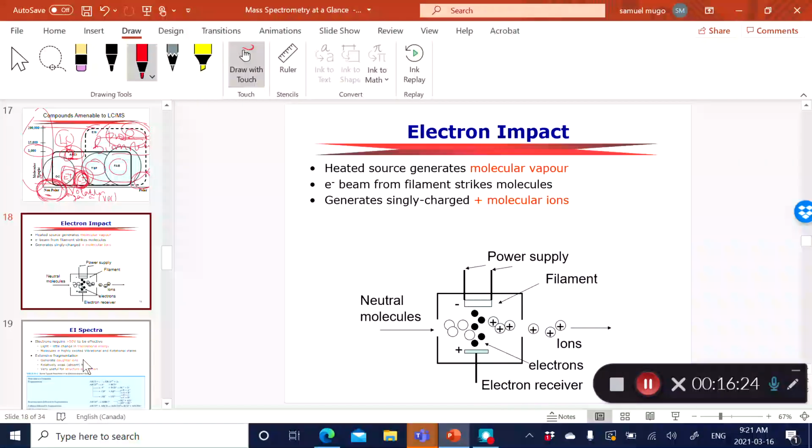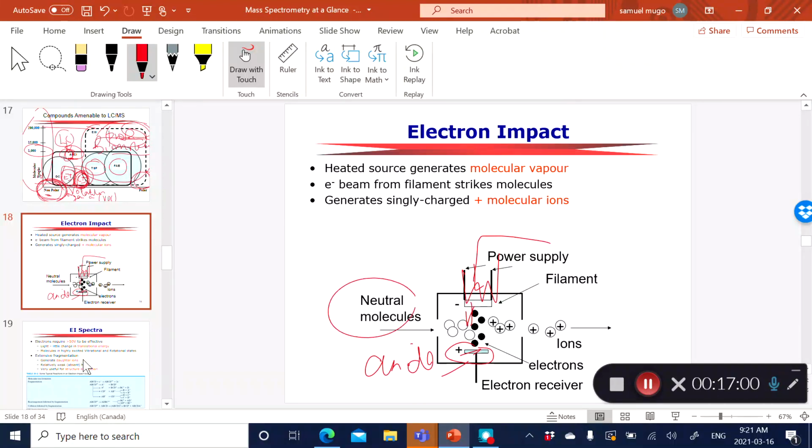Now, electron impact, as I've mentioned before, you've got a power supply, you've got a filament essentially. The filament is generating electrons. And then those electrons are being pulled by an electrode here. I'm just going to call it an anode. And the anode, you can see, is positively charged. Depending on the voltage that you apply on the anode, that determines the kinetic energy by which these electrons are flying across that channel.